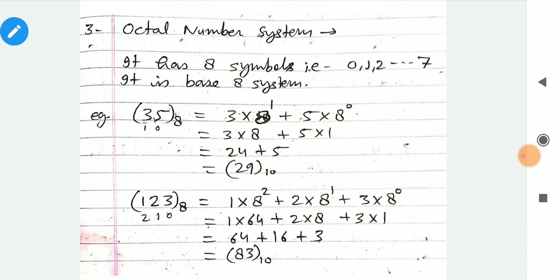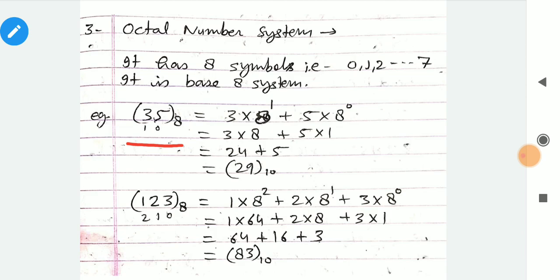Let us take an example. Suppose the number is 35 in octal. I have written here 35 and after the bracket written 8. 8 represents the octal number system, which means 35 is an octal number. Now since you know the base is 8, I have written here 3 into 8 to the power 1 plus 5 into 8 to the power 0.